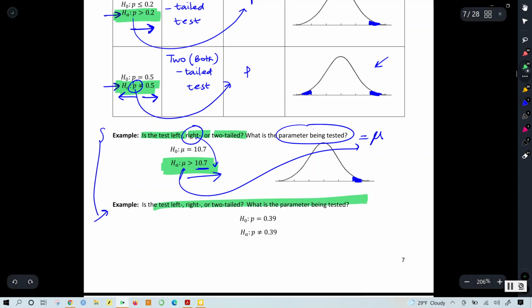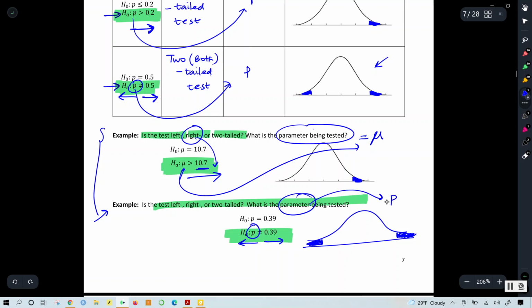Is this test a right-tailed test, a left-tailed test, or a two-tailed test? And what is the parameter being tested? So in this case, looking at the alternative hypothesis, I can see that this is saying that the population proportion is not equal to 0.39, which means it could be greater than 0.39 or lesser than 0.39. So this is definitely a two-tailed test, both on the right, greater than, or on the left, lesser than, and the parameter being tested, no doubt, is the population proportion.